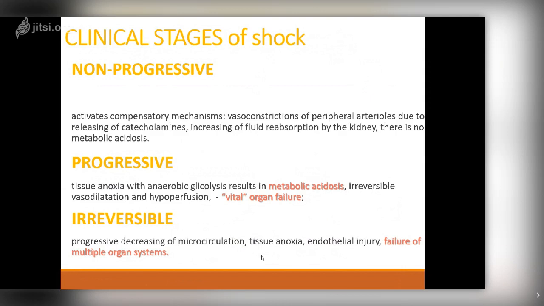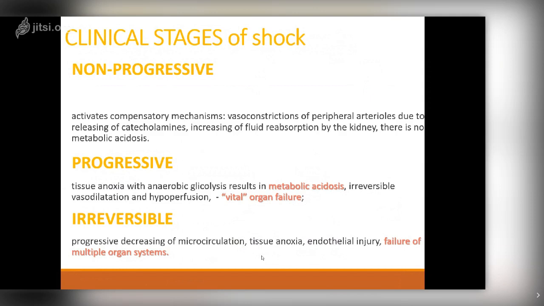In progressive stage of shock, tissue anoxia progresses, and anaerobic glycolysis results in metabolic acidosis. Because metabolic acidosis worsens vasodilation and hypoperfusion that also start to affect vital organs.